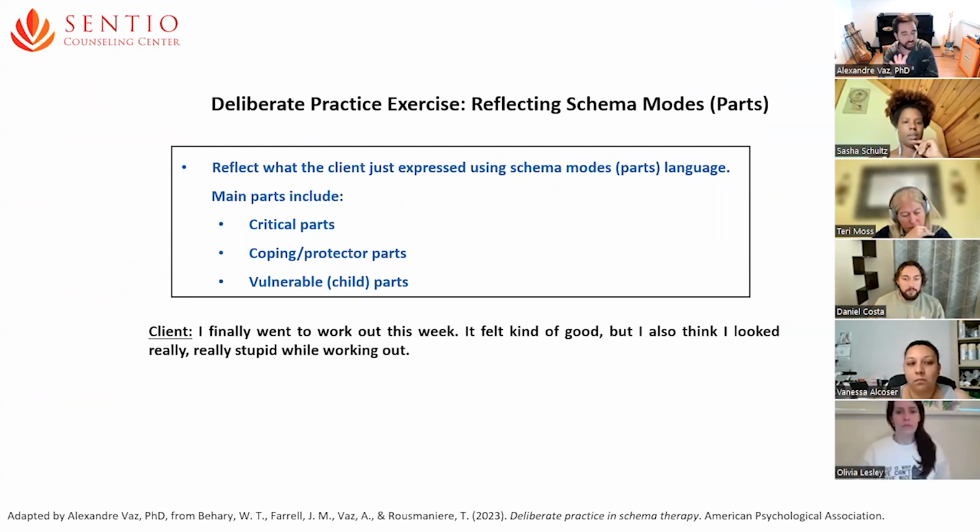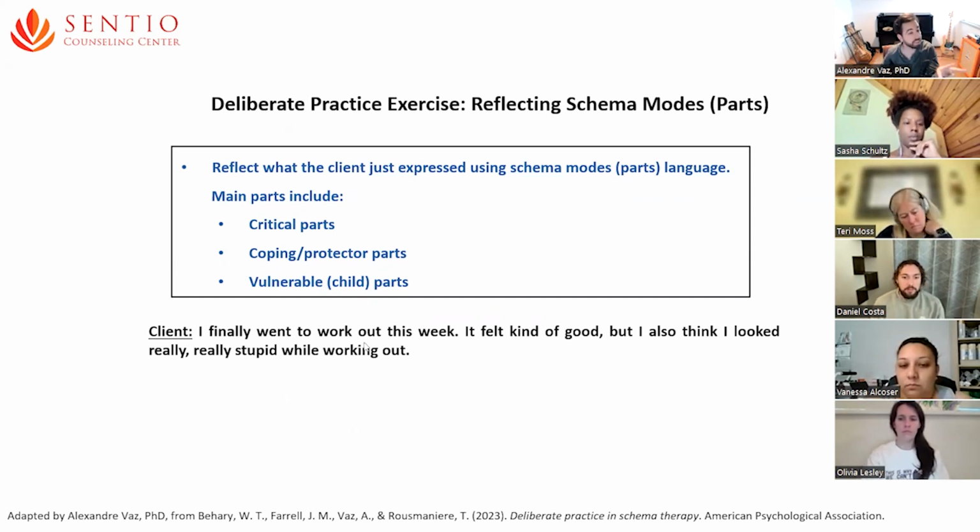And just to get us started, let's not even write therapist responses yet. Let's just do it as a form of assessment skill. So as I read the client statement, write on the chat if what you're seeing is a critical part, a coping or protector part, or a vulnerable child part.